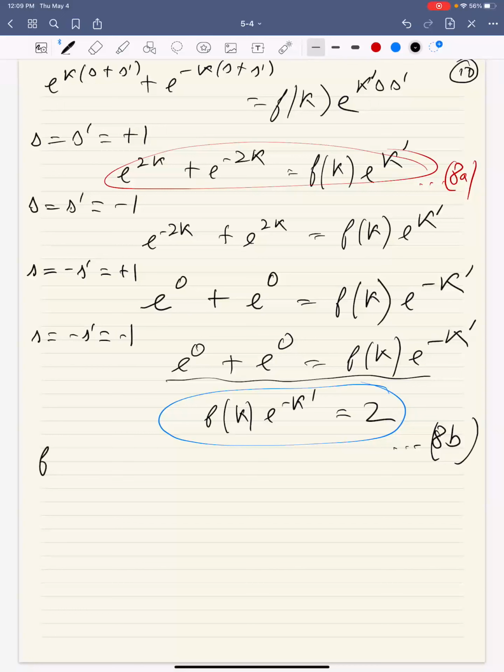So we have two variables, f of k and k prime, and two equations, so we can solve for it. How do we solve for it?